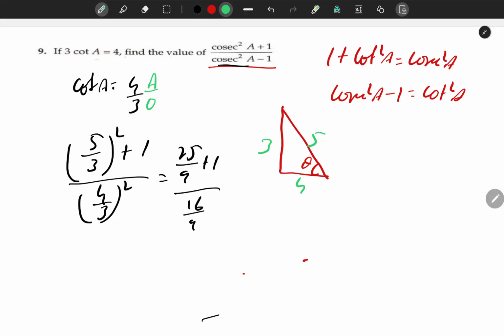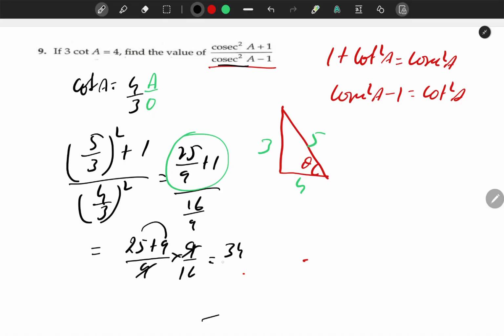If you take the LCM, it is 25 plus 9 by 9 into 9 by 16. So 9 gets cancelled. 25 plus 9 is 34 by 16. If I simplify, 2 ones are 2, 2 sevens are 14, 2 eights are 16, it is 17 by 8.